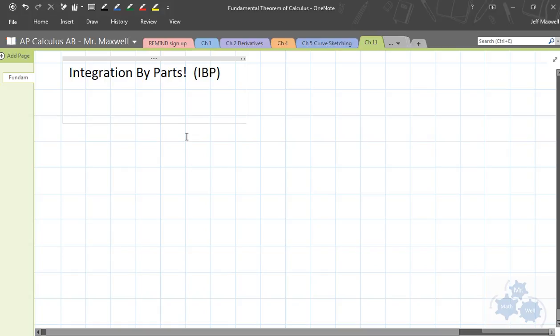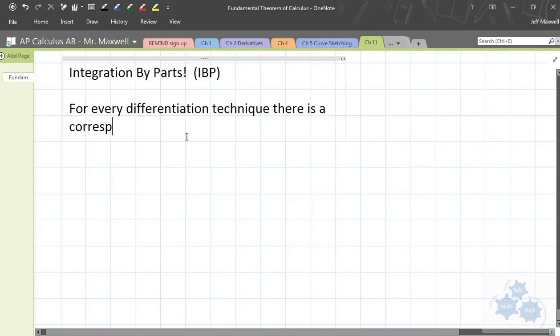Okay, so for every differentiation technique, there is a corresponding integration technique. When we look at U substitution, that came from the chain rule, right?